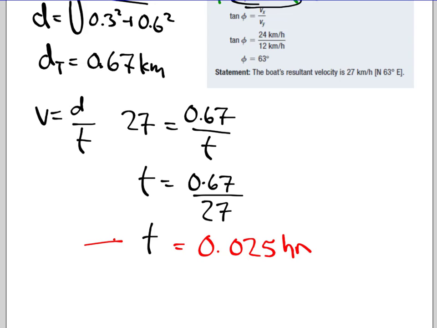Oh my goodness, that's the exact same time it takes to cross the river when we point the boat straight across with no current. So the time to cross is still the same. It's just a little bit to wrap your head around, so take a minute, pause, rewind, look at that again. It's a pretty cool idea though.